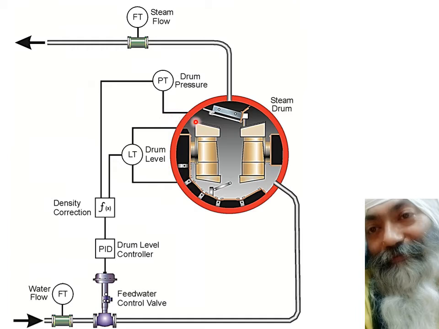So whatsoever is the pressure of the drum is also measured along with the differential pressure, and this absolute pressure is taken into account for density correction.